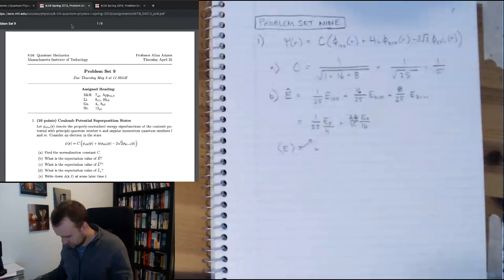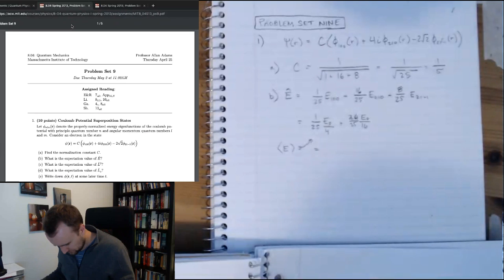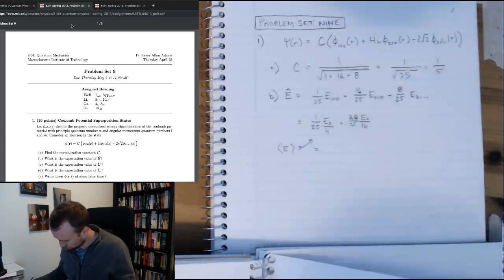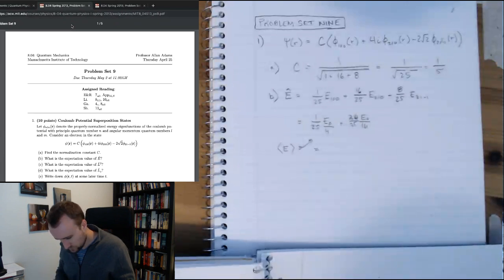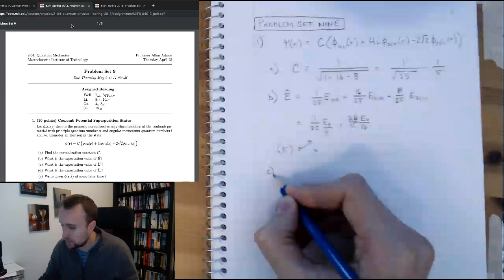Can we figure out what the E naught is going to be? I don't remember what the E naught was. Okay, I don't know what E naught is, but I'm going to leave it in that form right now.